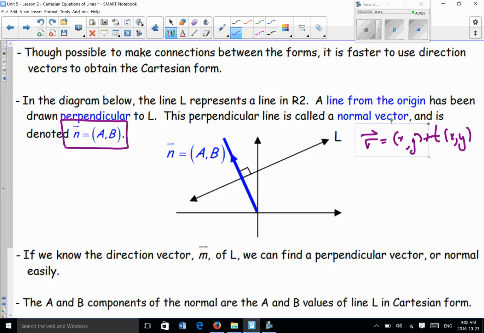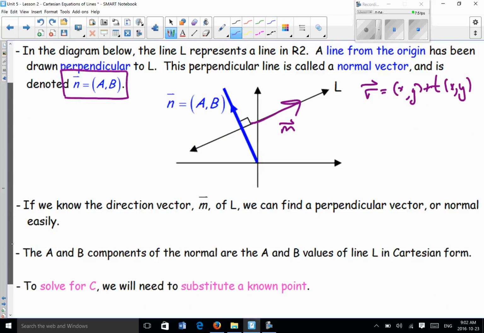If we want to find the direction of m, the direction vector of this one, n and m have some relationship because they're perpendicular. Their dot product has to be 0.